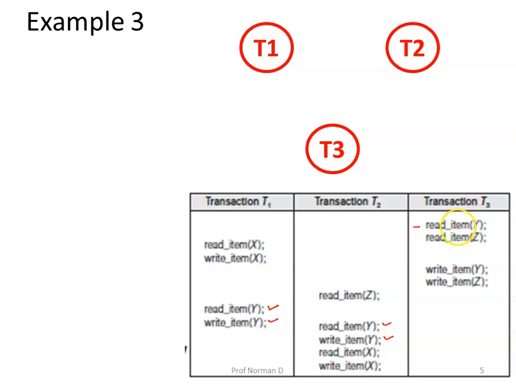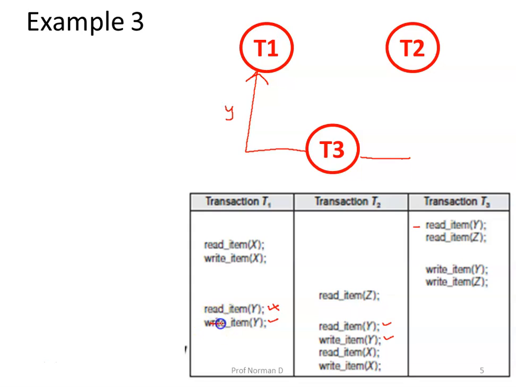So read item Y with read item Y, no. Read item Y with write item Y, yes. So we draw an edge from T3 to T1 on data item Y.